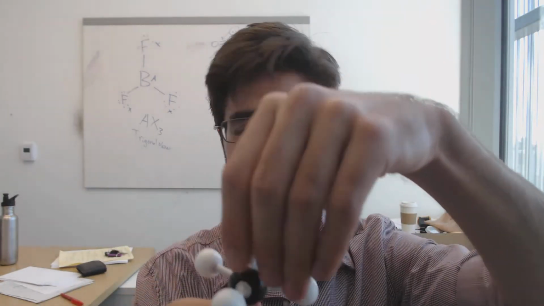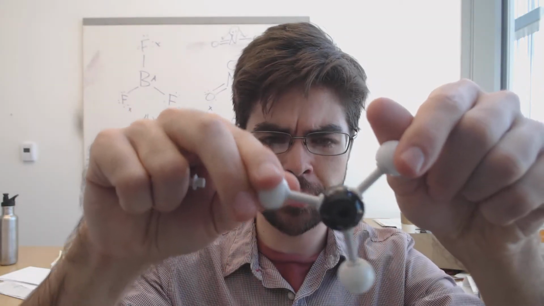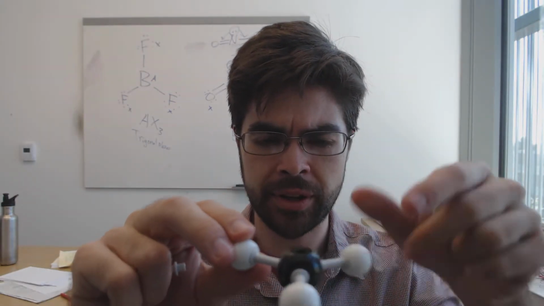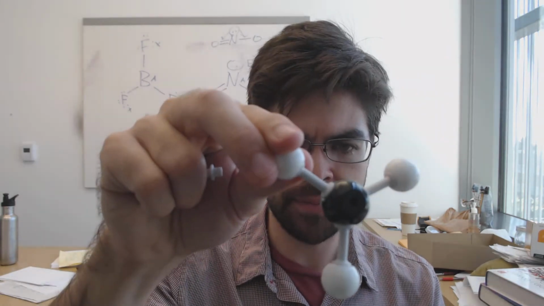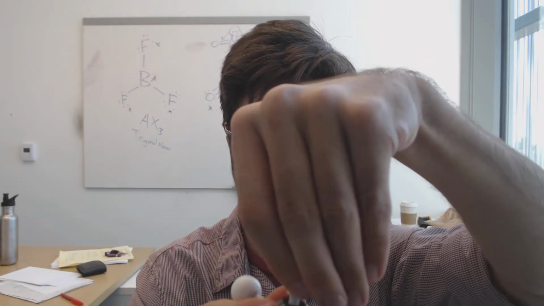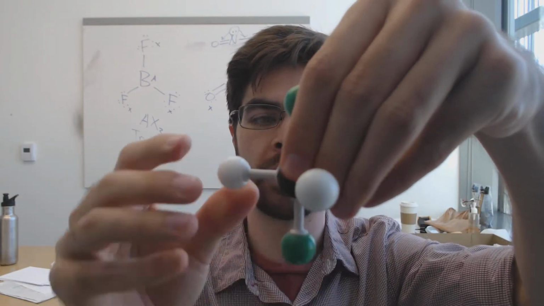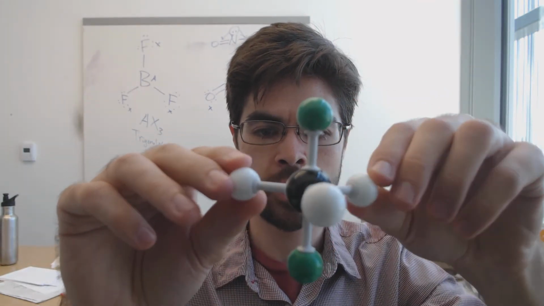Essentially, it's called trigonal bipyramidal because if you look at the basic structure, there is a trigonal planar shape here. And because this has a steric number of 5, there should be 5 attachments. There are 3 attachments, and then you come in at the top and bottom with 2 others. So you come in one from the top, and one from the bottom, and you get something that looks like this.